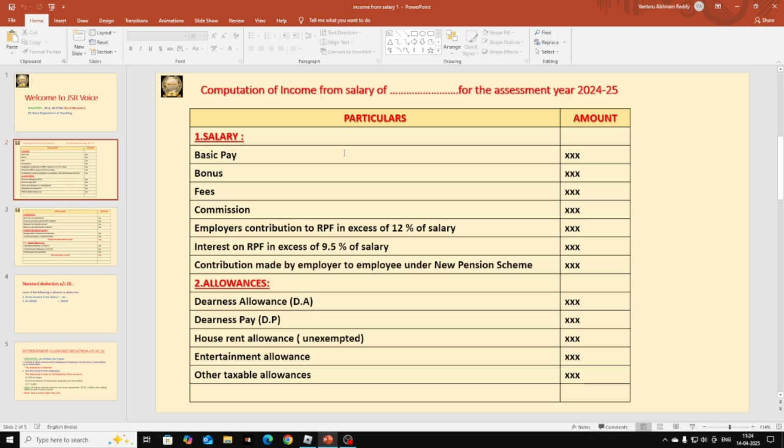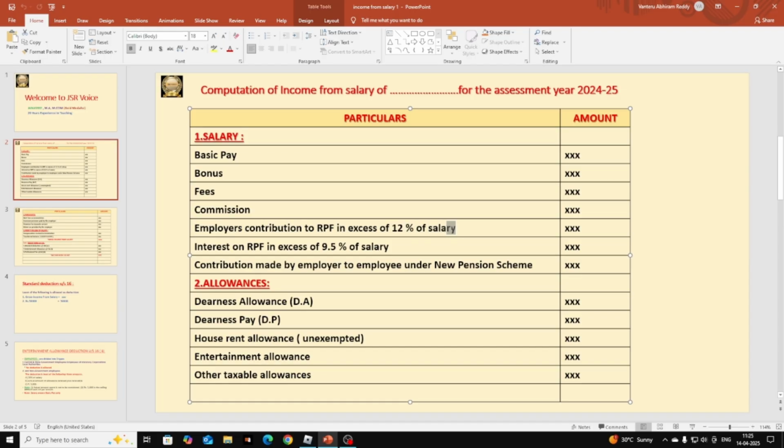So here in the particulars column there are four items you are going to record. Four headings are there. First one is salary. So under salary, what you have to write? I have given all the items that are going to appear under salary: basic pay, bonus, fees, commission, and next one, employer's contribution to RPF in excess of 12% of salary.